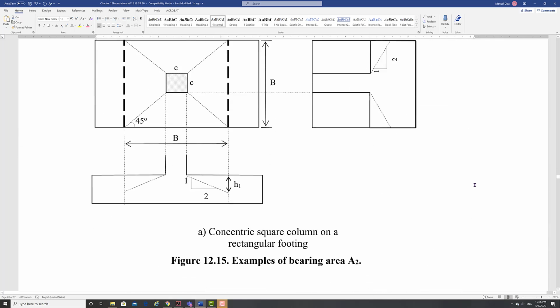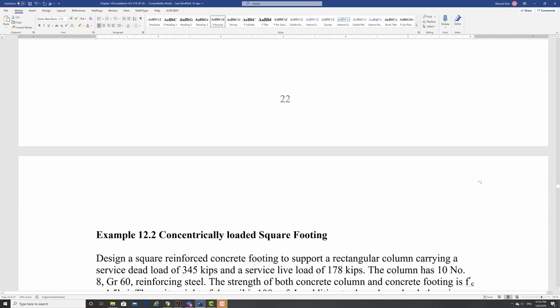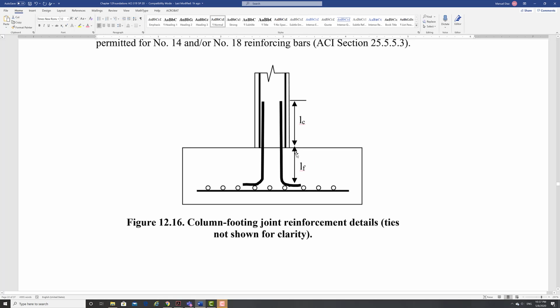Where is that drawing? Oh, right here. So now we need to find this L_f. Okay? Make sure that this length is enough to develop your bars in compression. So we're assuming compression bars. If you have a tension bar, you need to make sure that you have enough length to put a tension bar here.